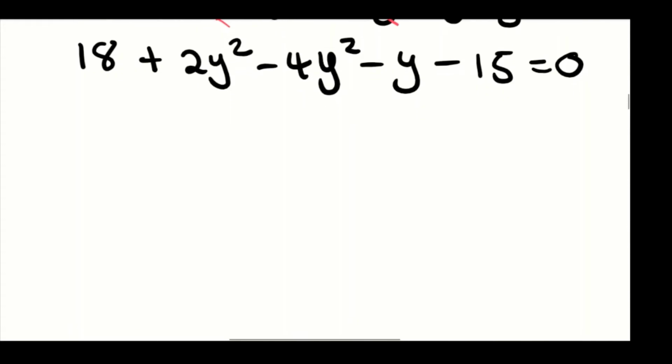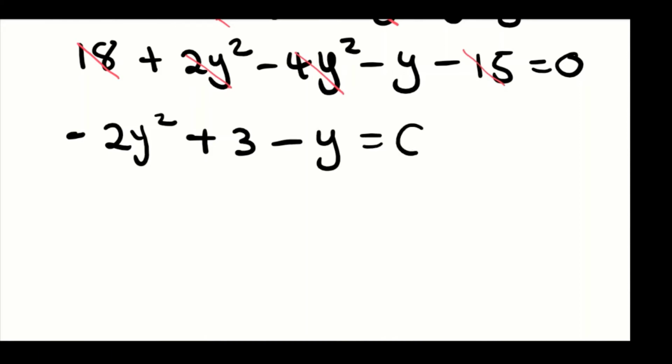And then we subtract these two here, and we remain with minus 2y squared, and then this 18 and this minus 15 will give us plus 3, right? And then we're just going to say minus y being equal to 0, which is this y here, and then we write everything in standard form, so it's minus 2y squared minus y plus 3 being equal to 0.